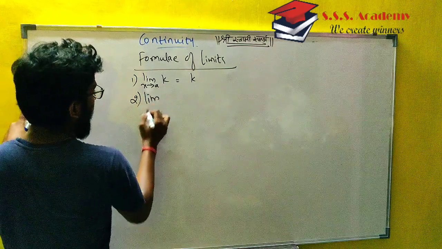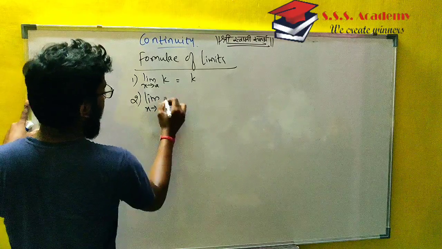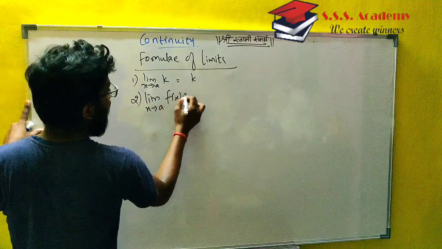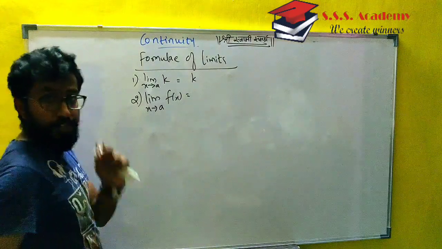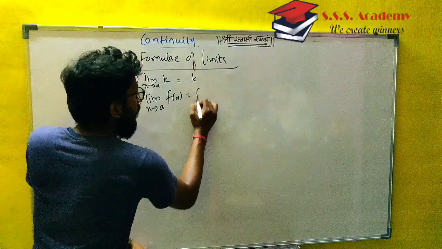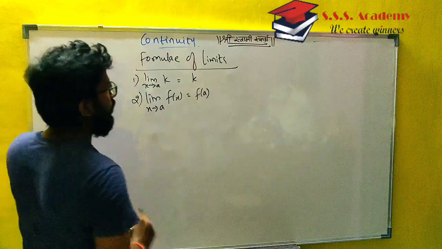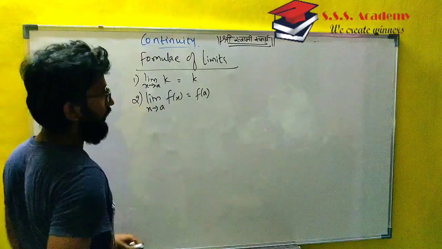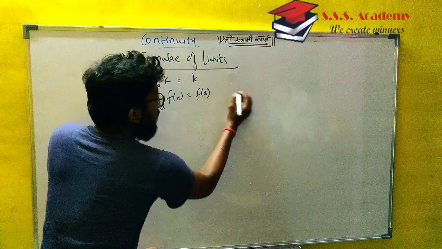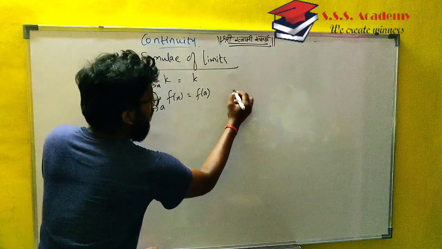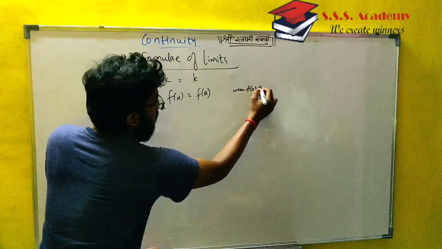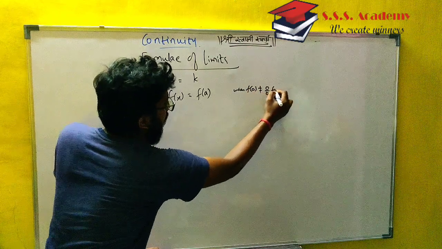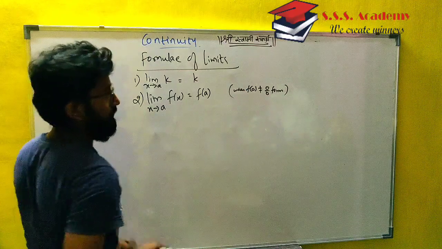Second, when the limit is applied to a function such that the function is not giving us 0 upon 0 form, we have to put in the value that x is tending to. We do this when f of a is not at all equal to 0 upon 0 form.